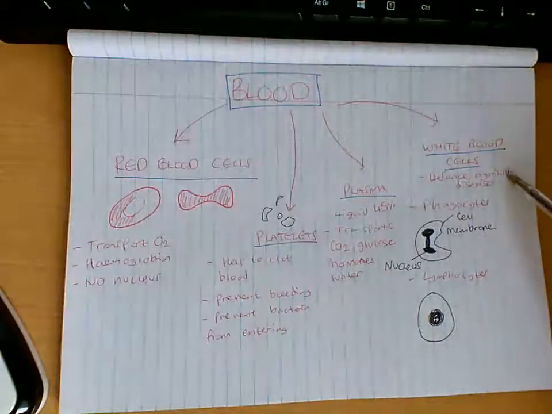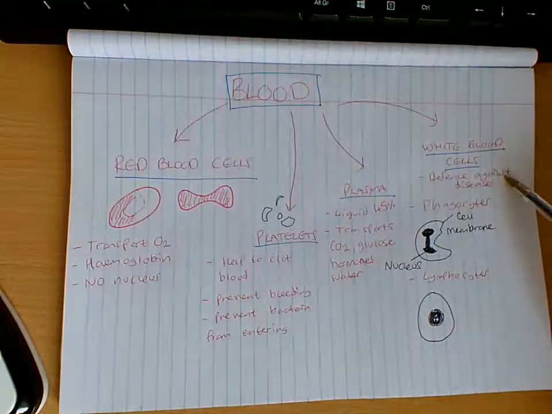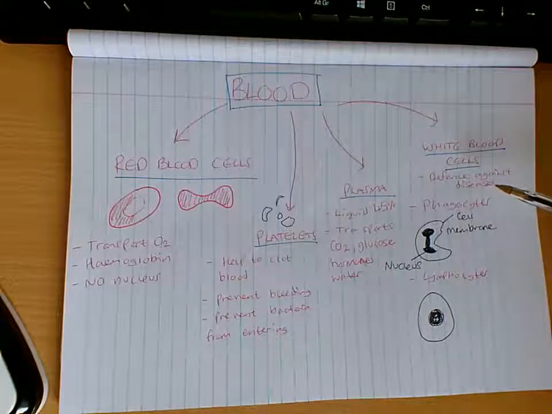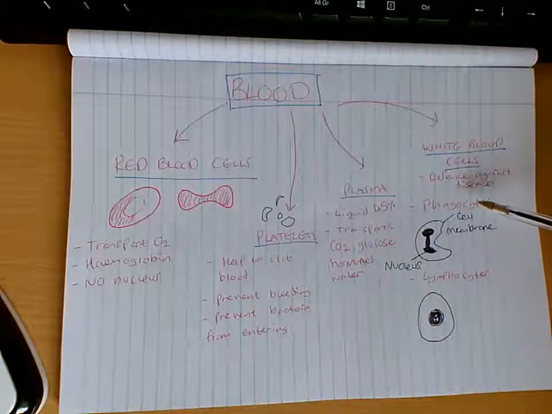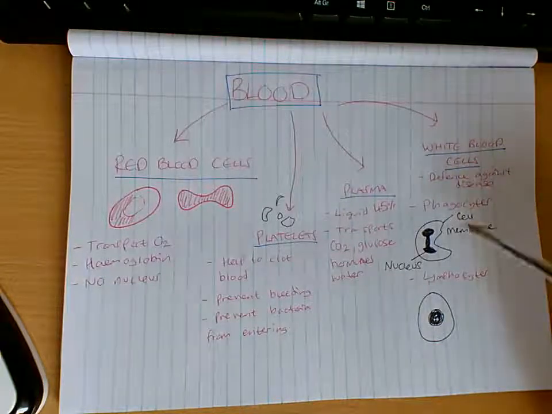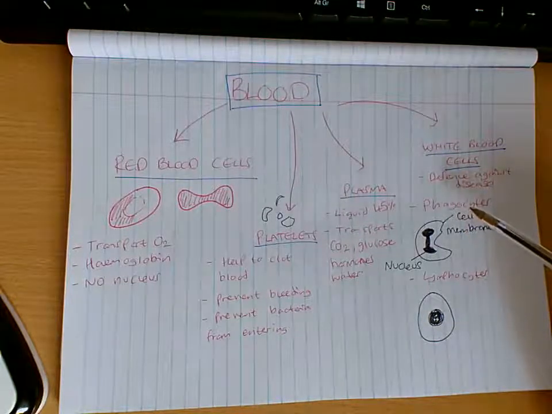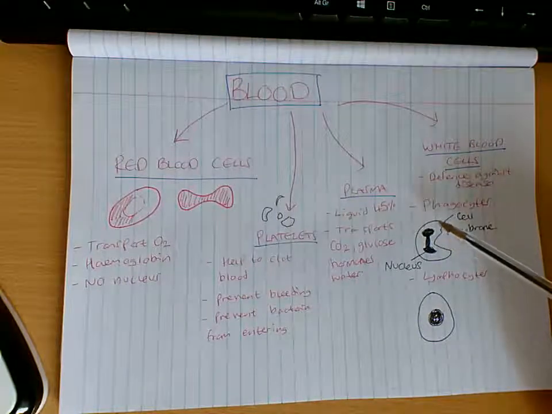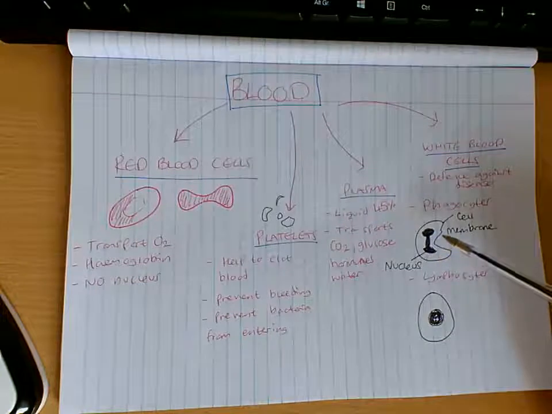White blood cells help to defend against disease, and there are two main categories of white blood cells you need to know about. There's the phagocytes and there's the lymphocytes. Now, a common exam question is to actually draw a phagocyte and label up certain structures. So you'll see here it's got an irregular shape.